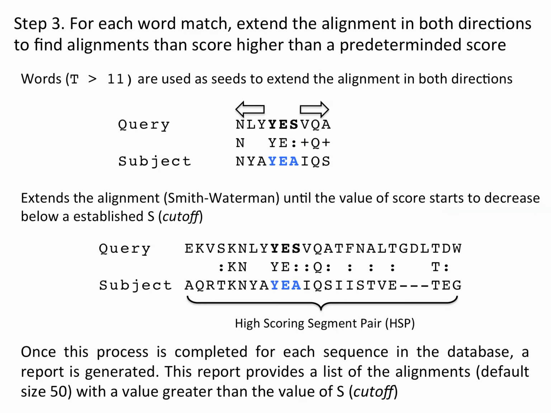The final step involves the alignment of the query sequence with the selected sequences, the hits, in the database using a local alignment approach. The alignment starts in the 3-letter matched region and is extended in both directions, calculating the score every time a new letter is aligned.